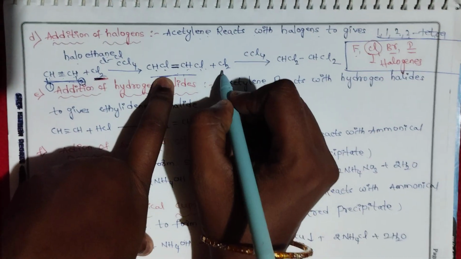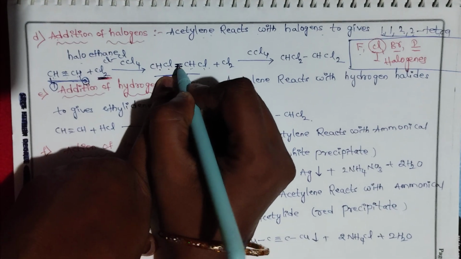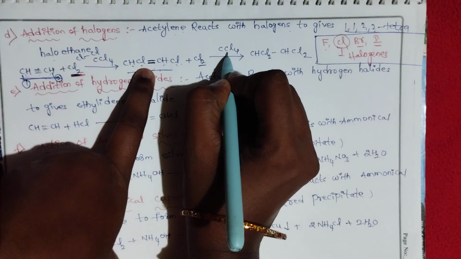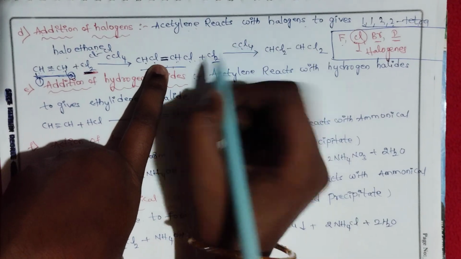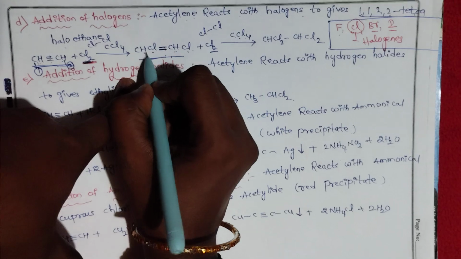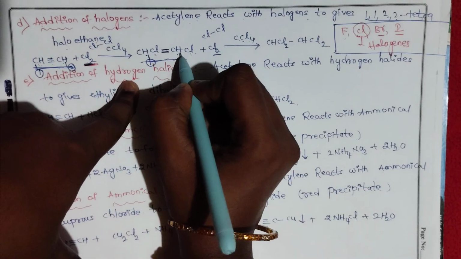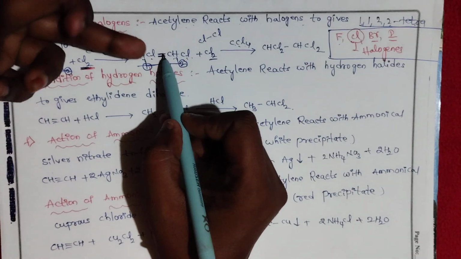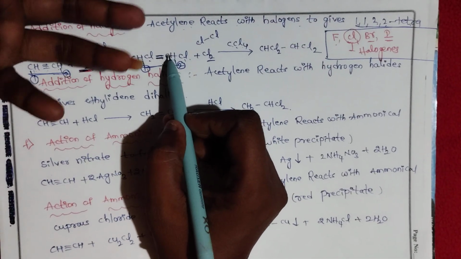Another possibility is also there by the addition reaction. The same concept, the same chlorine, the same reagent: CCl4. The same phenomenon, how many chlorines are there? Two chlorines. This side one chlorine is added, and this side another chlorine is added. Every time we add, the same concept: bonds decrease.